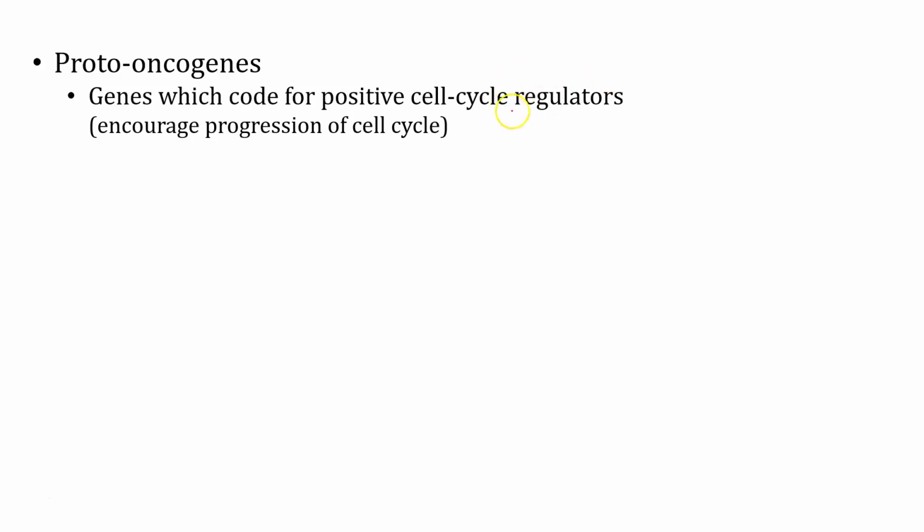The genes that code for positive cell cycle regulators, so again, these are the cyclins and the CDKs, at least for our class. The regions on the DNA that code for these regulatory molecules are a collection of genes called the proto-oncogenes.